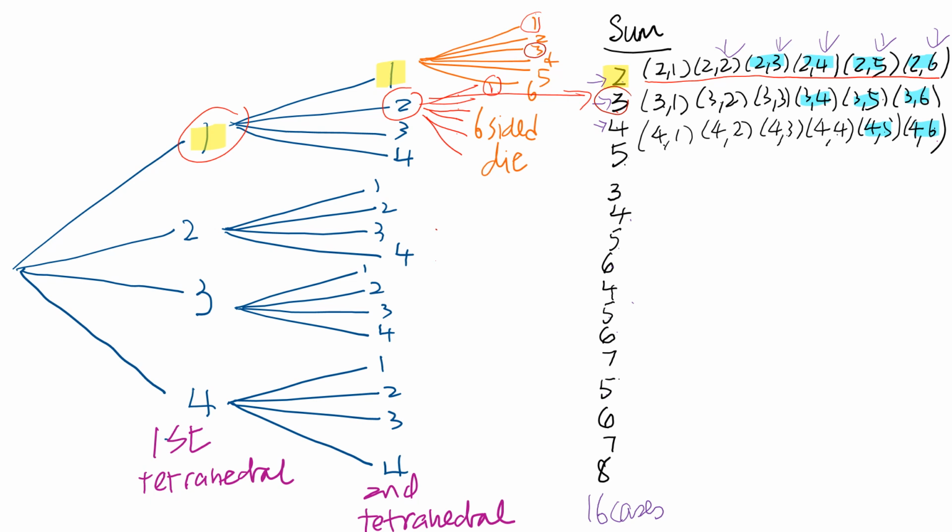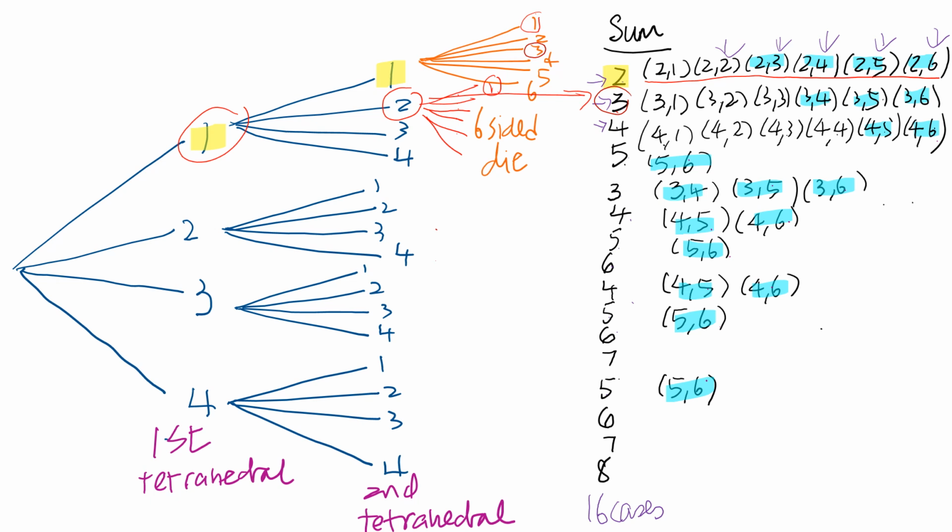For the sum 3, the highlighted ones will be 3, 4, 3, 5, 3, 6. For 4 it will be 4, 5, 4, 6. And for 5 we will choose 5, 6.